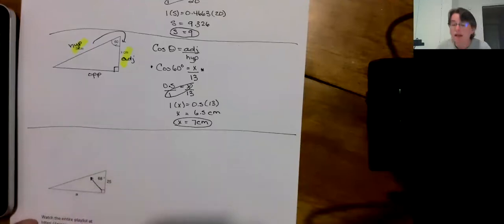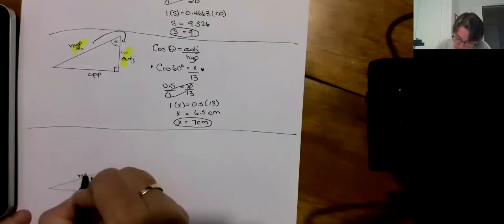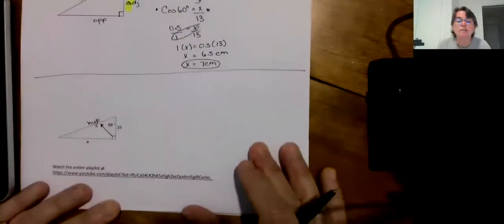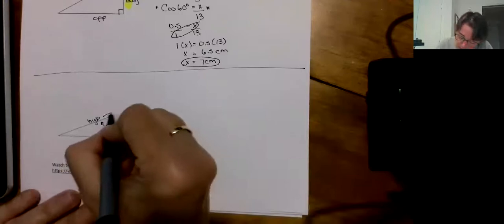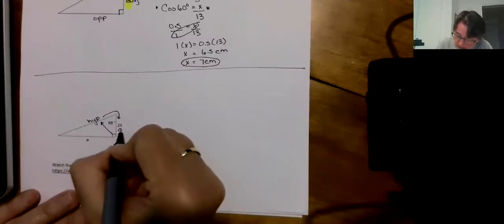Let's take a look at our last one. And please, don't overthink this. The first thing you've got to do is label, because once you label, then you know what side you're looking for, and then you can determine which formula you need to use. So hypotenuse, let's move it up so it's better in camera range. Around the corner where the angle is, it's adjacent.